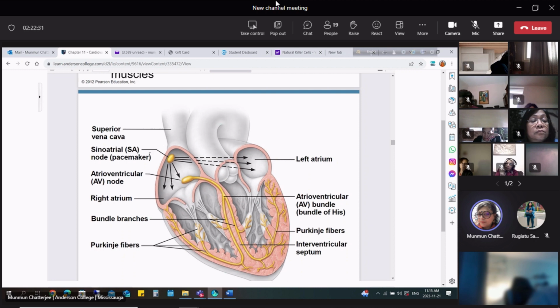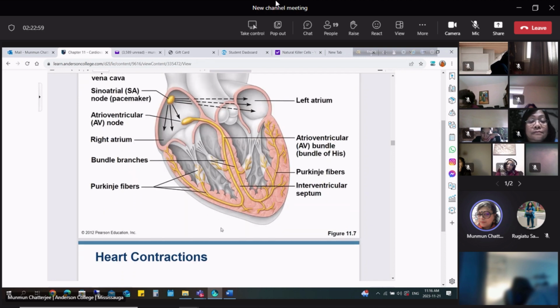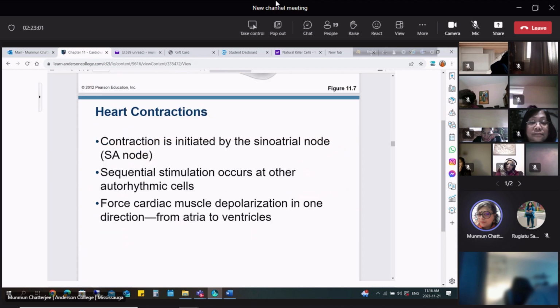Basically, first the electrical signal stimulates the SA node, then the SA node sends the signal to the left atrium and onward, and the electrical impulse governs the opening and closing of the valves: tricuspid valve, bicuspid valve, and the semilunar valves, pulmonary and aortic. So contraction is initiated by the SA node.